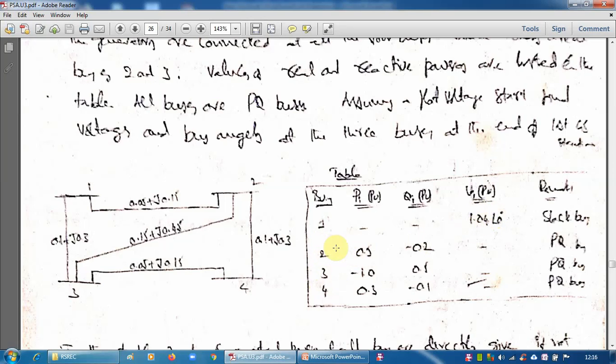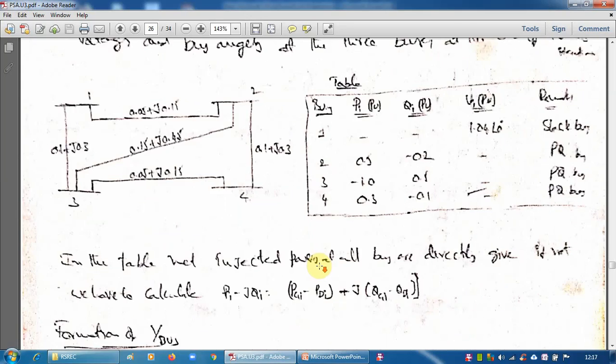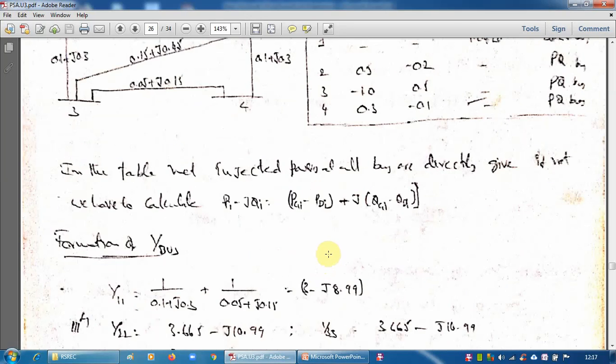For remaining buses, as we need to calculate the bus voltages, first of all initial values, that is V2(0), V3(0), V4(0), are to be assumed by us. Those assumed values are nothing but 1 plus j0. It's better to write all these things before going to solve the problem.